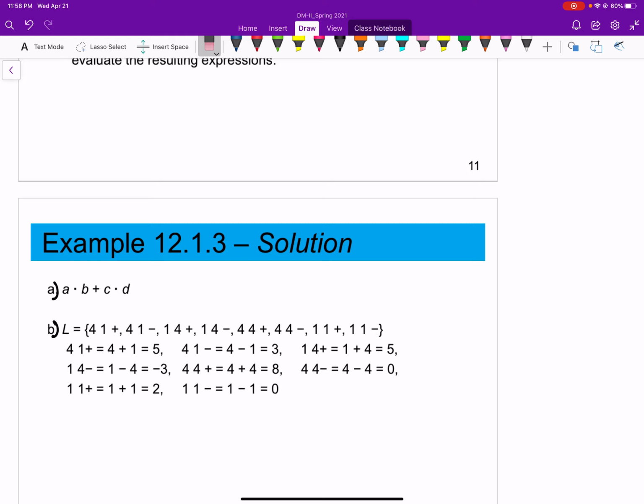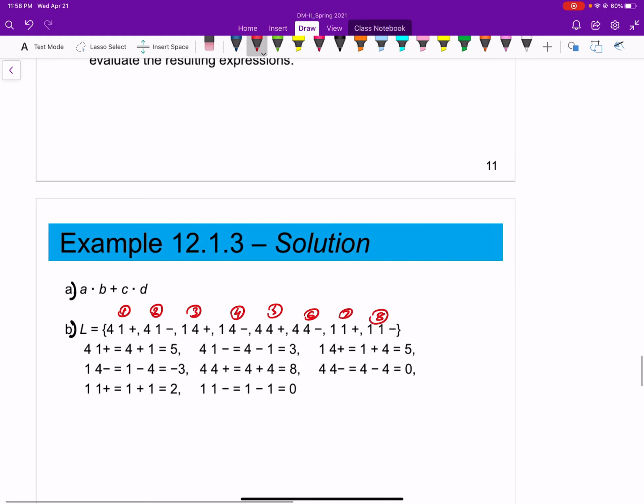Those are the only possibilities in this language. So this is the first expression, second, third, fourth, fifth, sixth, seventh, eighth. There are 8 expressions. Now you have to evaluate them.